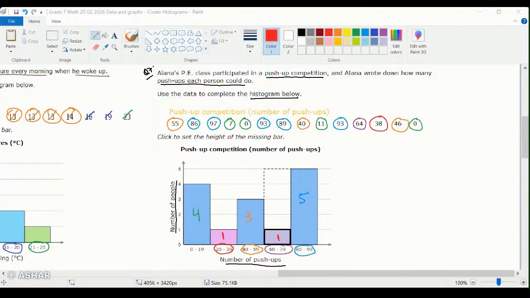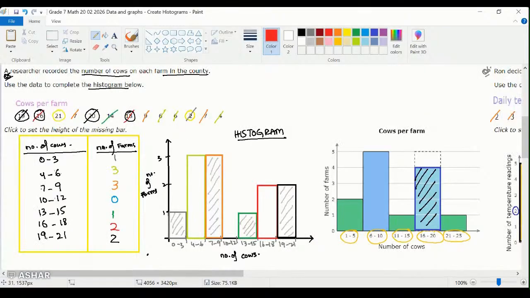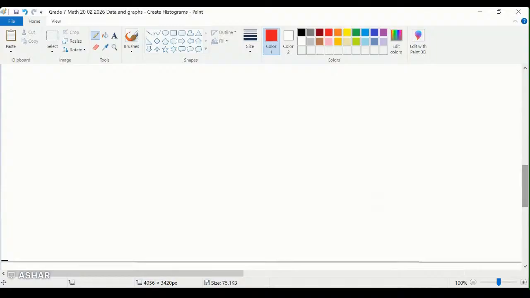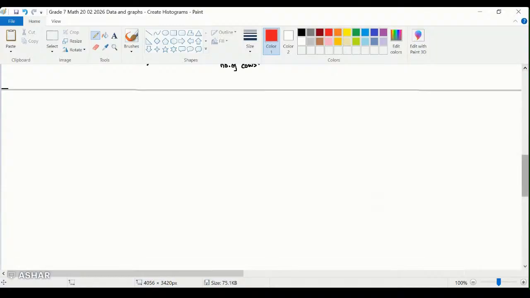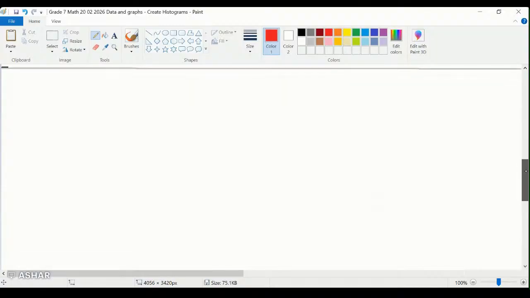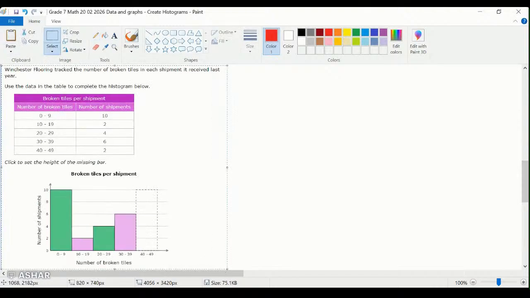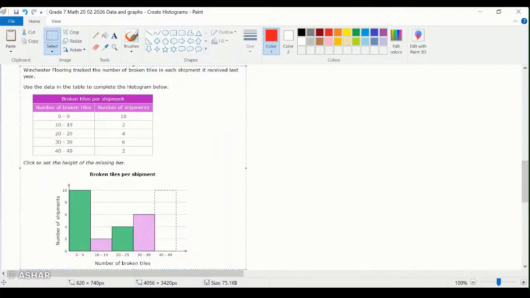For question number 8, the information that has been provided to us says, this is question number 8, and what they're asking us is to complete the histogram, right? This is the easiest part of the information. Why? Because they have found the frequency for us.